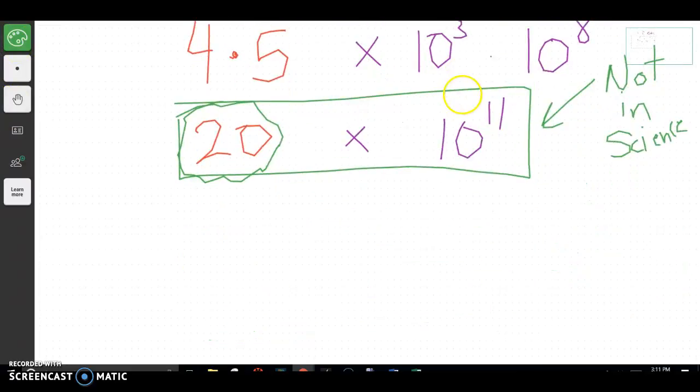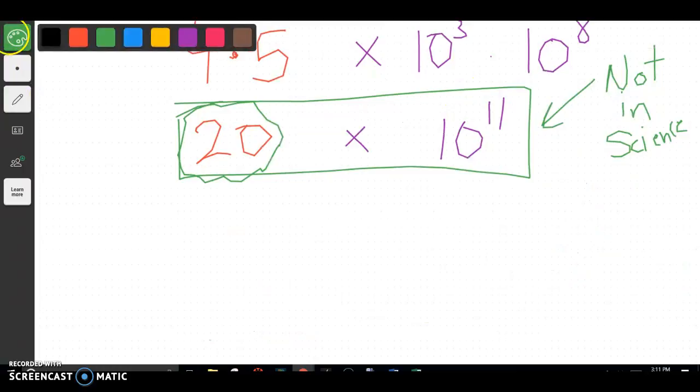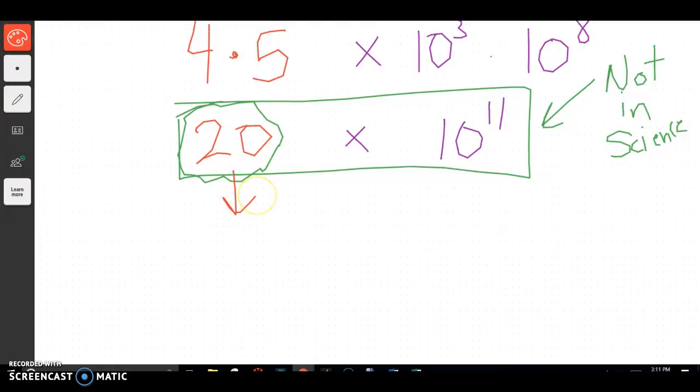So we're going to do what we did yesterday, and change 20 into scientific notation. Well, the decimal point is behind the 0, so I would need to move it 1 space over. Because 20 is greater than 1, I would say that this exponent is positive.